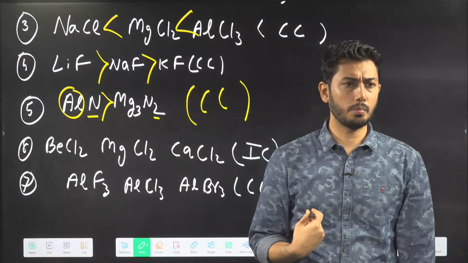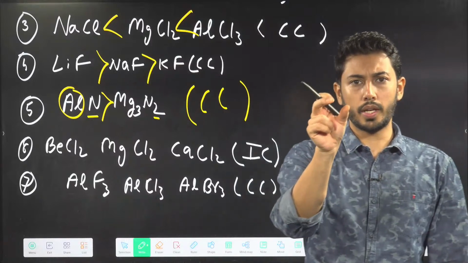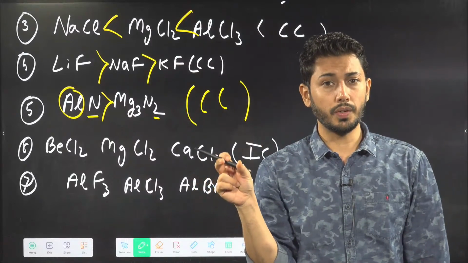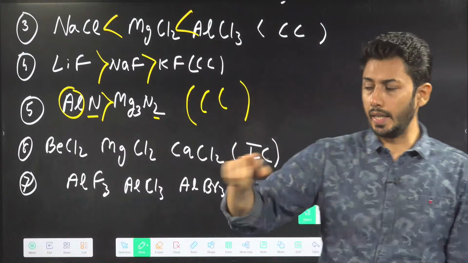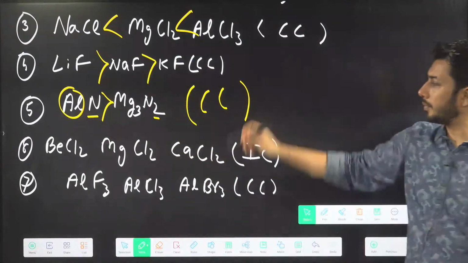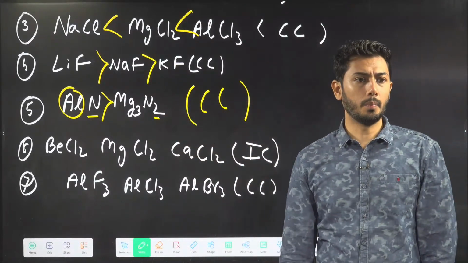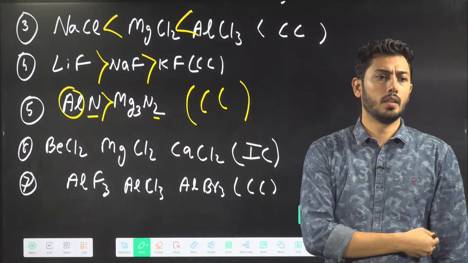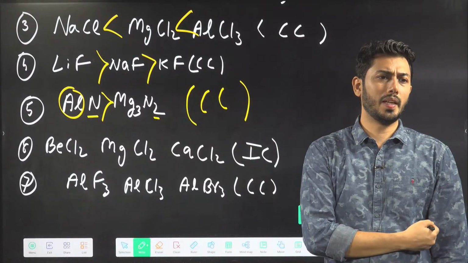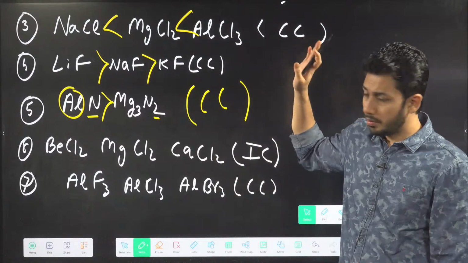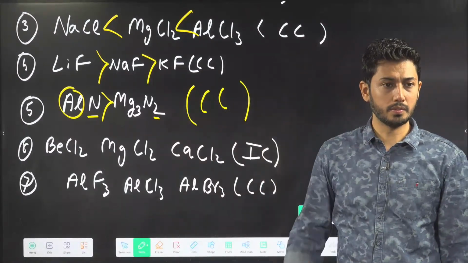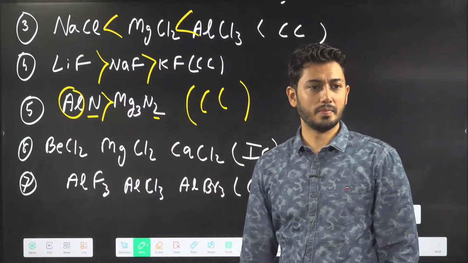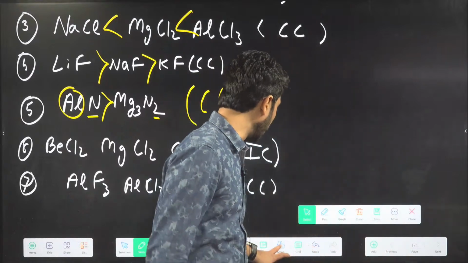Now clear question number 4. You will use the point polarization inversely proportional to the size of the cation in example number 4. Example 2, already it was gone. Already reasoning I am giving. You have to write it fast.